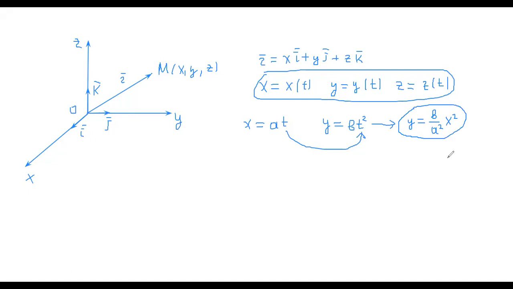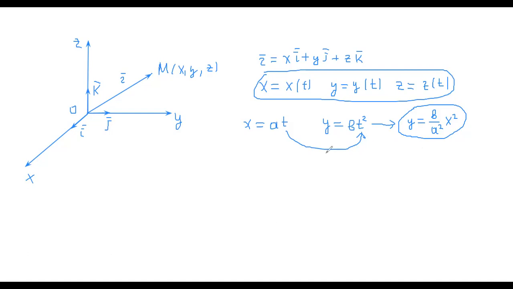Trajectory is a curve, and material point moves along this curve. Material point moves along a curve that is called trajectory. Do you have any questions? No. Okay, that's great.